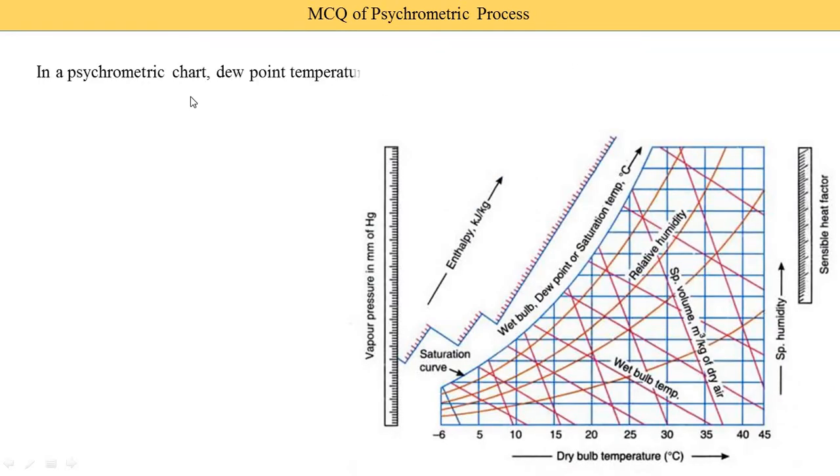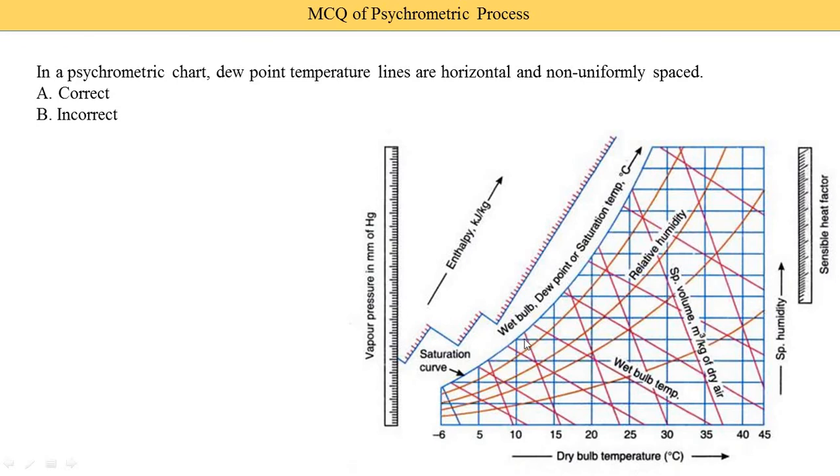In a psychrometric chart, dew point temperature lines are horizontal and non-uniformly spaced. Is the statement correct or incorrect? In a psychrometric chart, here you check: three things are written, wet bulb temperature, dew point, and saturation temperature. This is the line of 100% relative humidity.